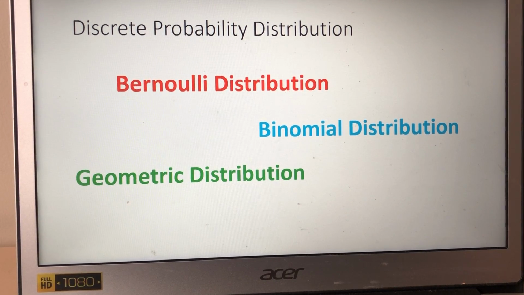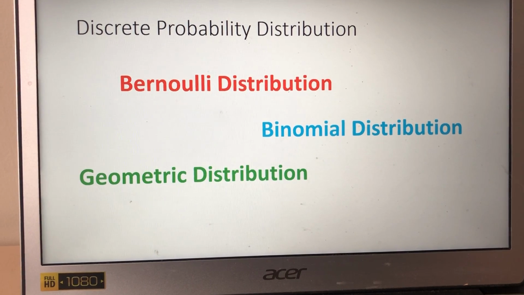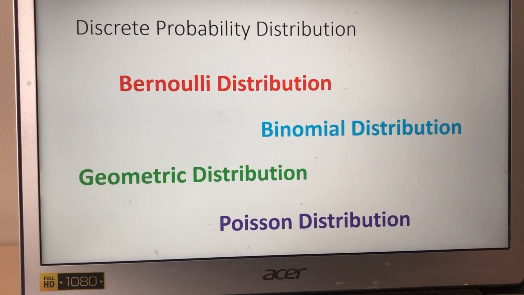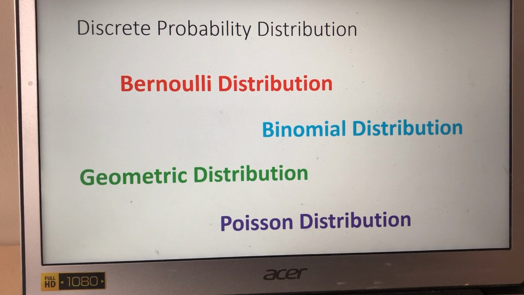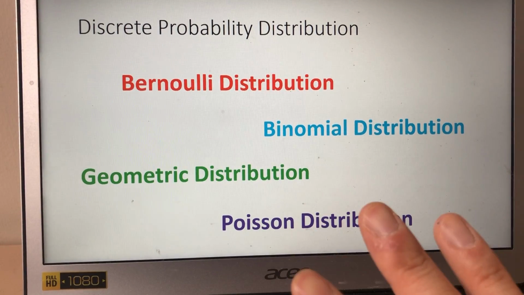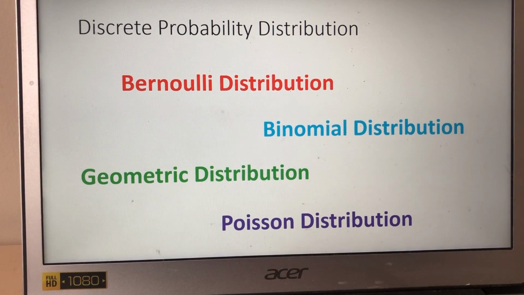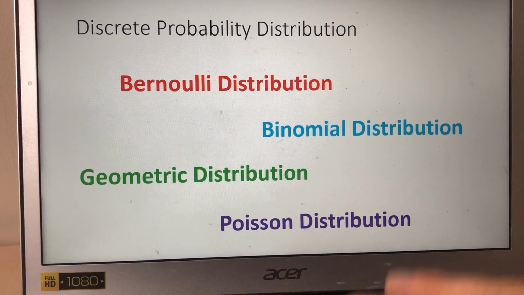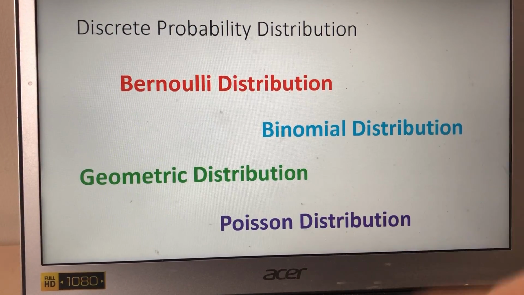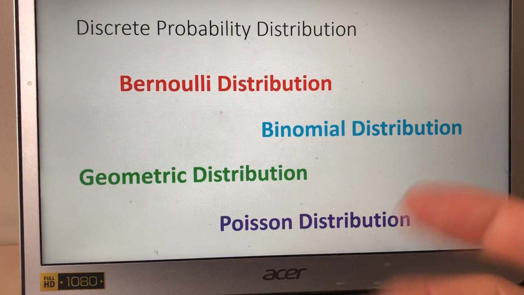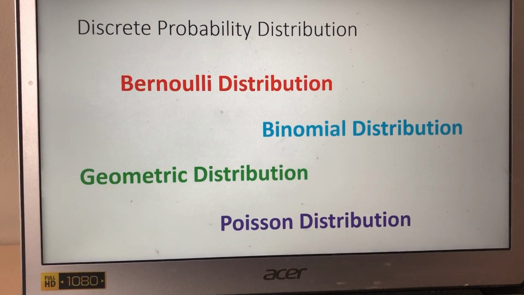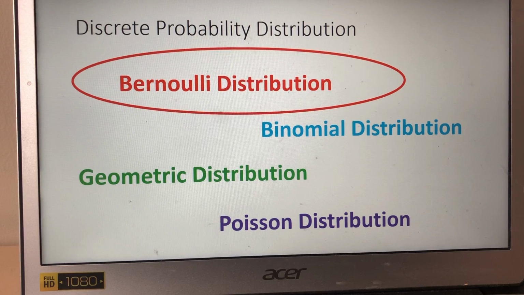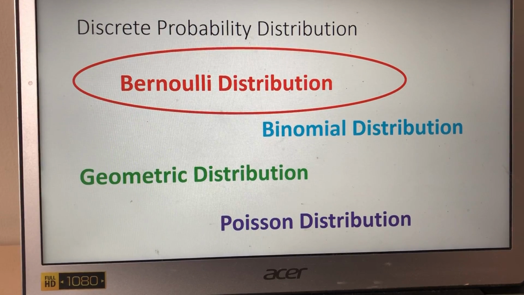The third one, geometric distribution. And then the last one is Poisson distribution. So these 4 are very classic probability distribution models in statistics. We're going to learn them, the method, the formula, so that we can have a better idea of what is a probability distribution. First of all, today we're going to look at Bernoulli distribution.